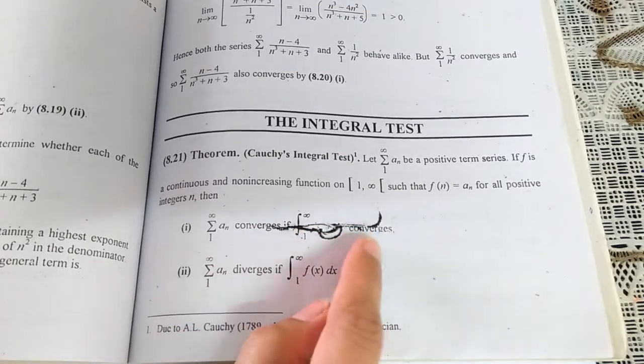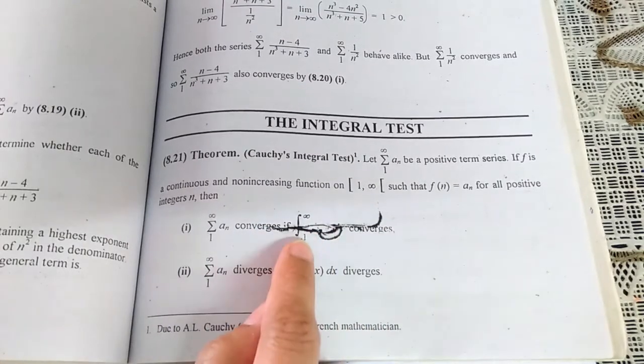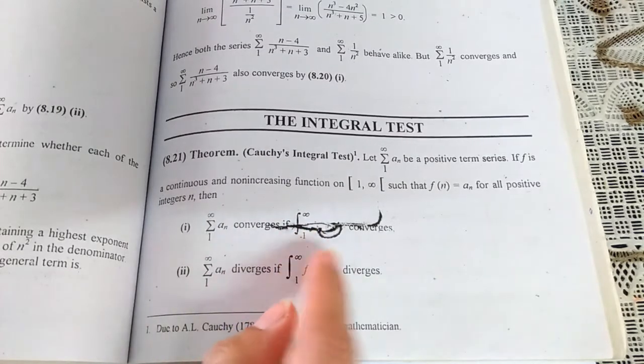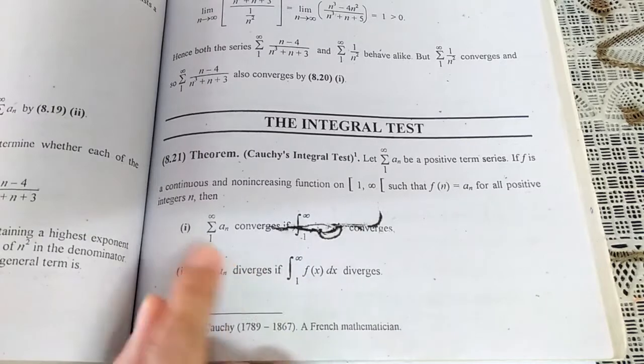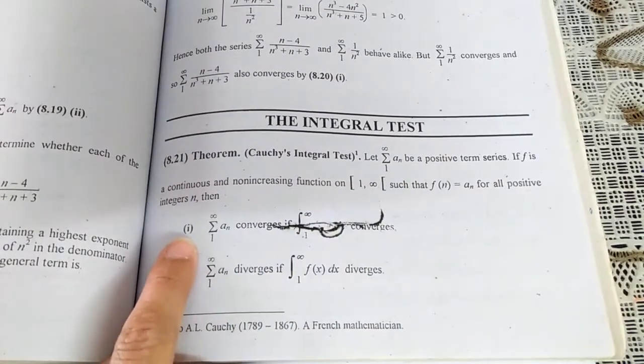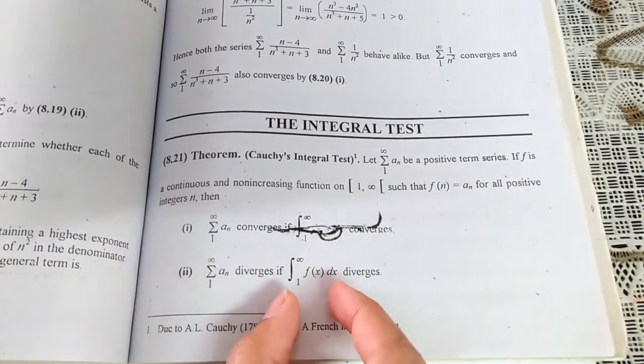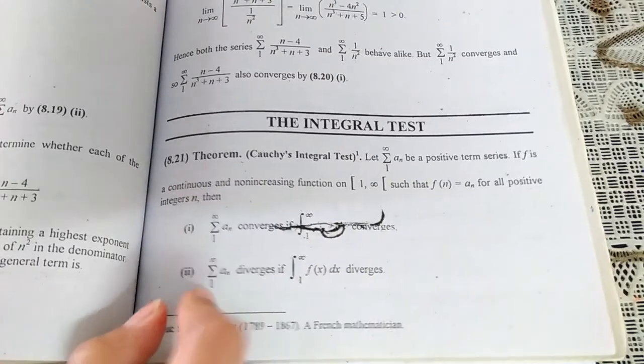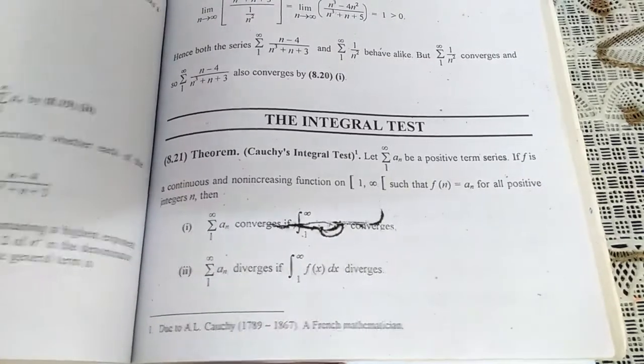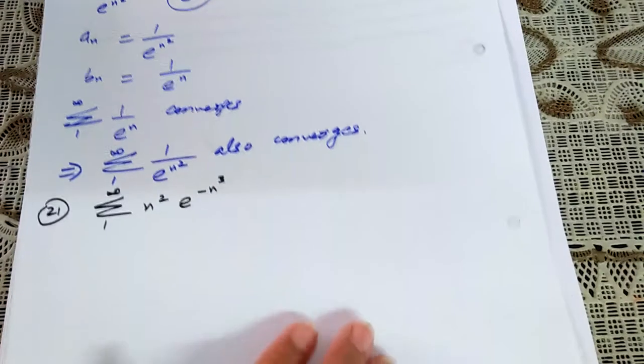If this integration converges, you are getting a defined answer, then it is convergent, so this means that your given series is convergent. And if it is divergent, then this means that your given series is divergent. So let's use this integral test here in question number 21.